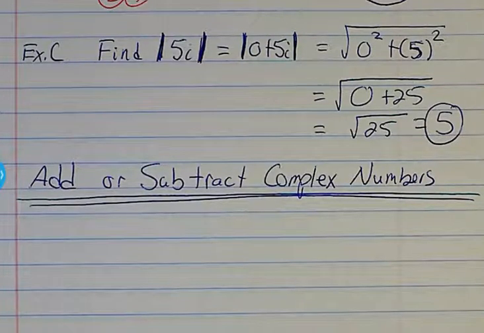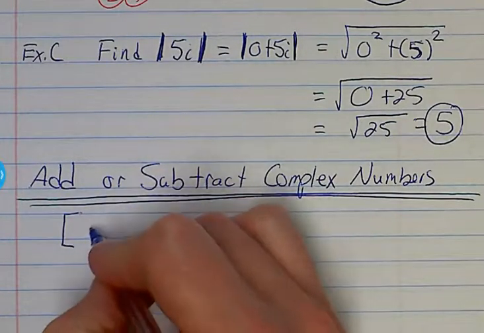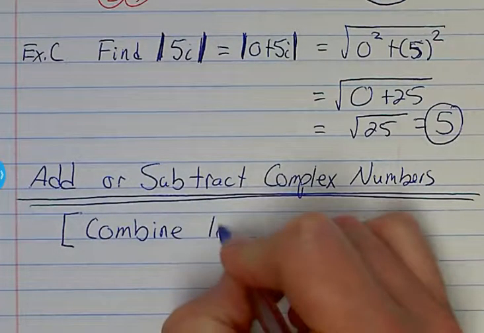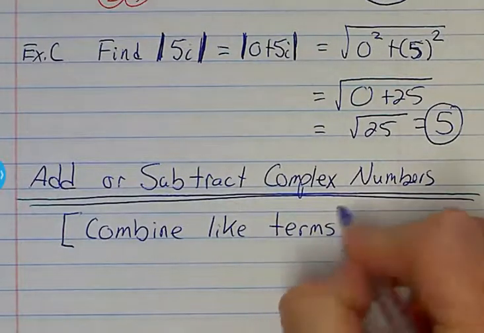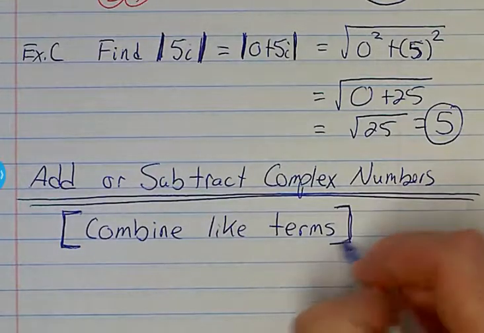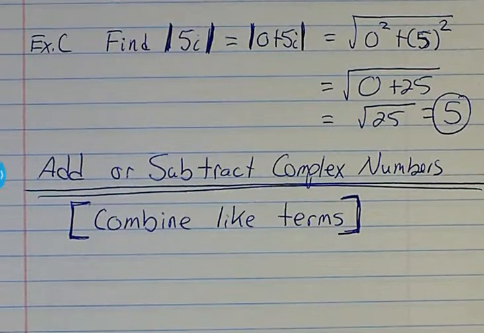But adding and subtracting complex numbers, it's basically this. You're just going to combine like terms. And the i variable in this case doesn't really do anything. It's just an i variable. So for this part, you treat i like it's any other variable.